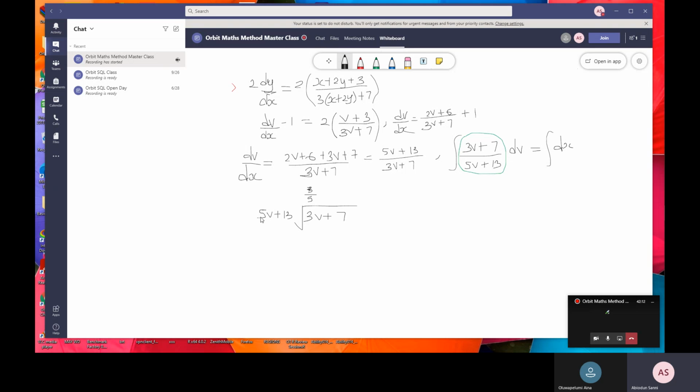So this 3 over 5, we use it to multiply everything here. So 3 over 5 times 5v, that's 3v. 3 over 5 times 13 will give us 39 over 5. Then we subtract. 3v minus 3v, 0. 7 minus 39 over 5, that's minus 4 over 5.